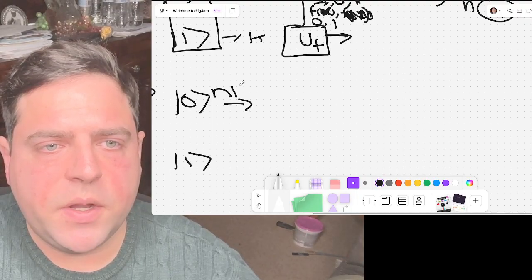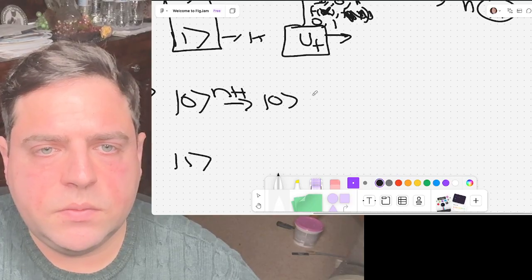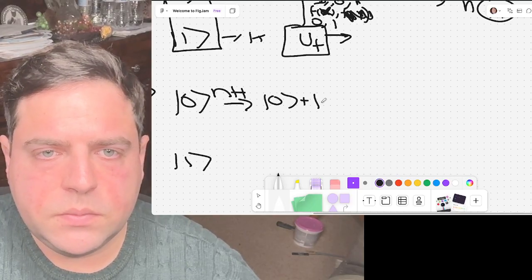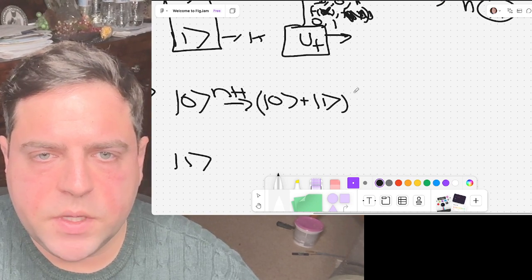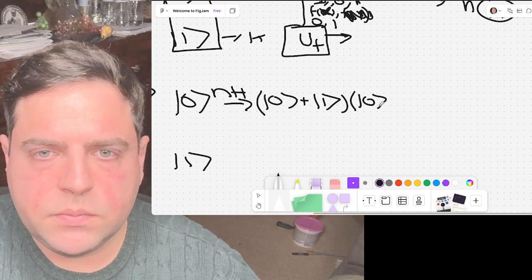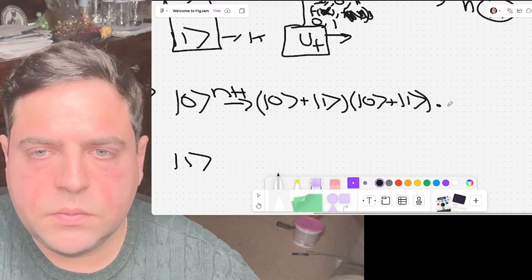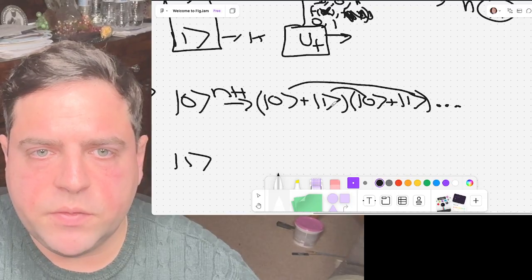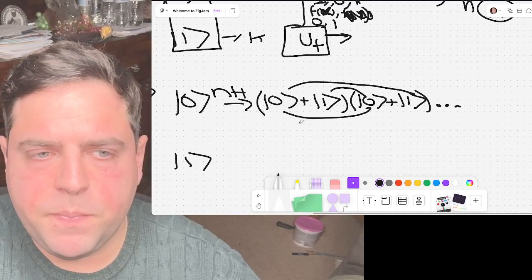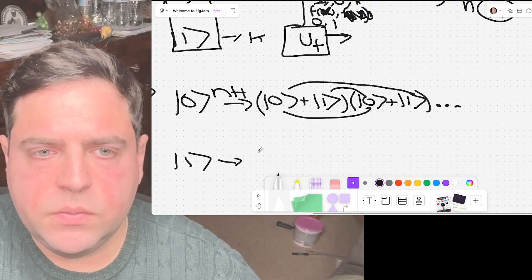Putting this through a Hadamard gate, we're going to get something that looks like this, times more of these, times more of these, and so on and so on. And so we're going to have to foil these sorts of things here, right? This will just be a 0, 1 minus.